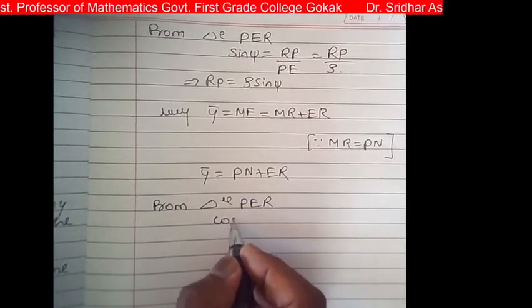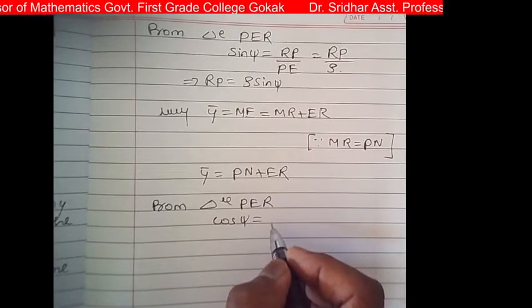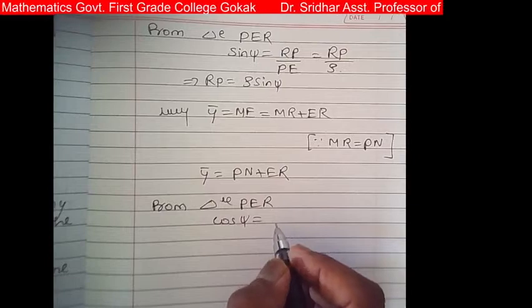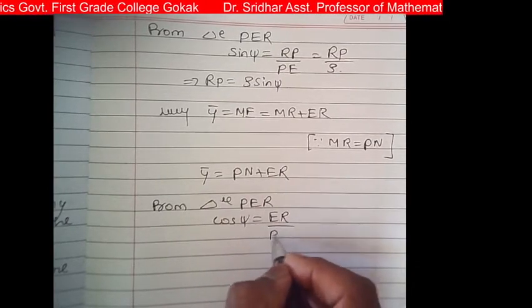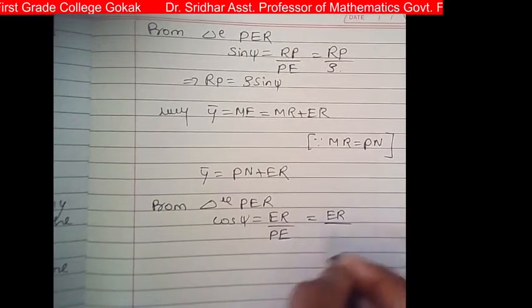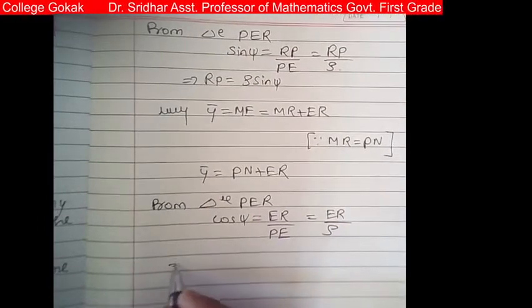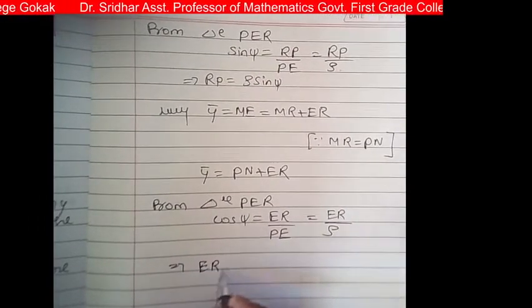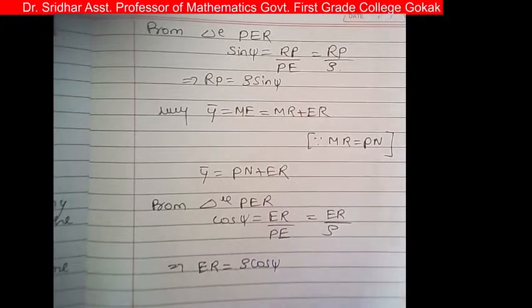In that case cos psi is equal to, cos means adjacent side by hypotenuse, so adjacent side means it is ER divided by hypotenuse means it is PE, which is equal to ER divided by PE, which is the radius of curvature rho. So this implies we need ER is equal to, cross multiply, rho cos psi.